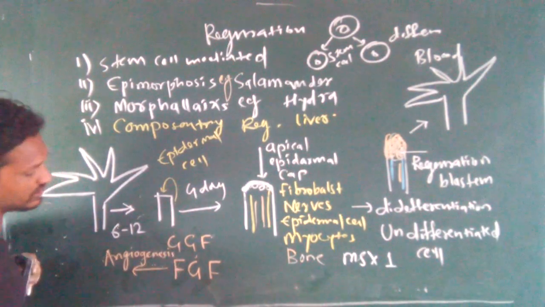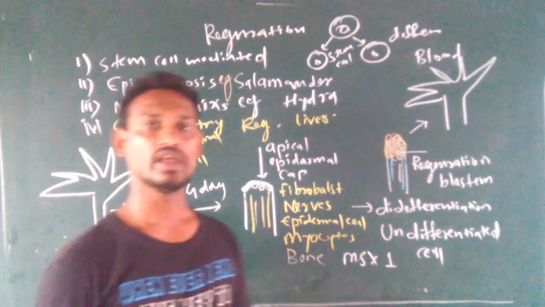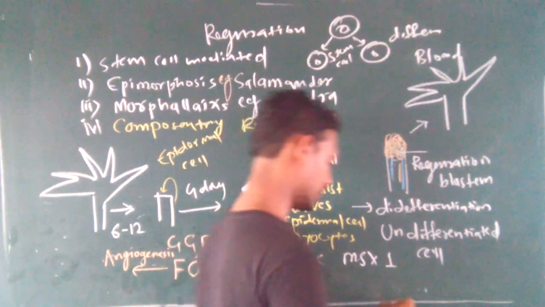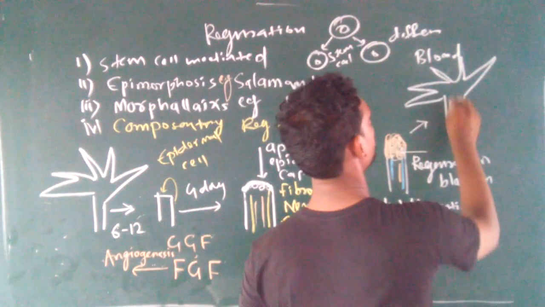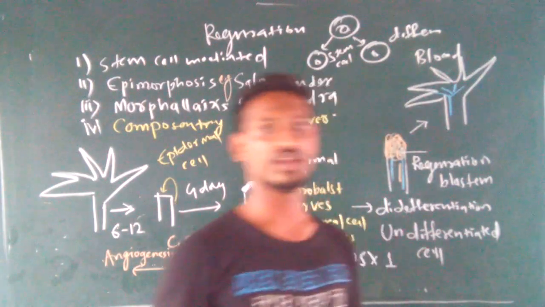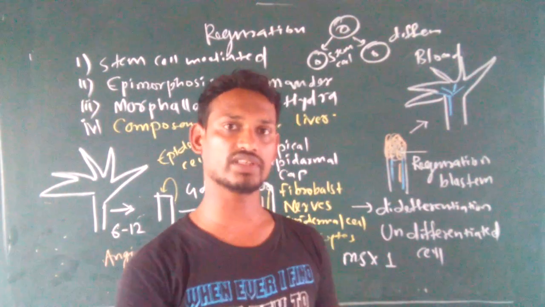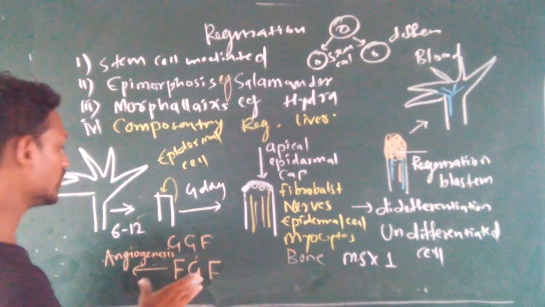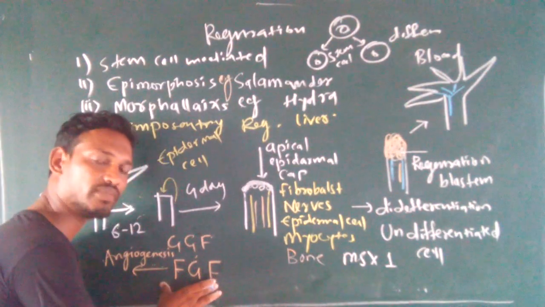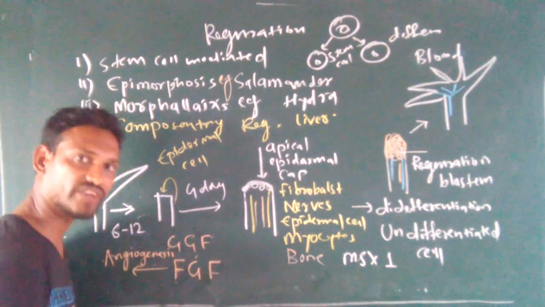angiogenesis. What is angiogenesis? Angiogenesis is the phenomenon of formation of blood vessels. Angio means blood in Latin, and genesis means formation. The formation of blood vessels takes place due to a factor introduced by the nerve fibers.